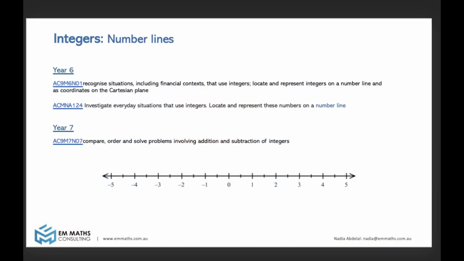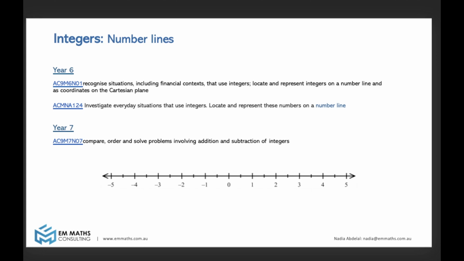Let me just change screens here. Here you can see the year 6 content descriptors. Now this is from the V9 curriculum, but if you're not currently using V9, the version 8.4 is very similar. At year 6, we need to recognize situations where we locate and represent integers on a number line, as coordinates and on the Cartesian plane.